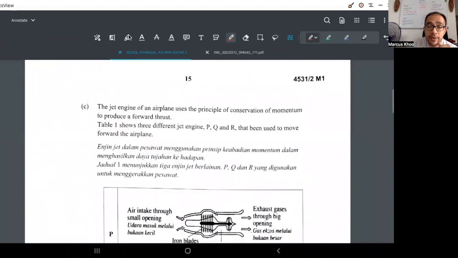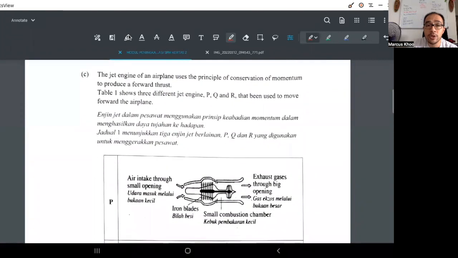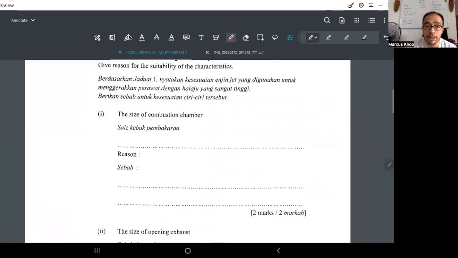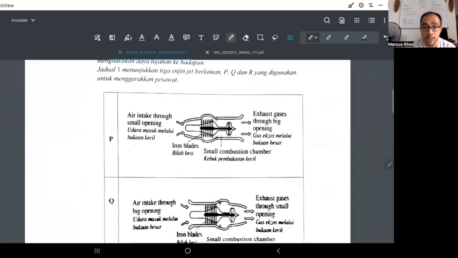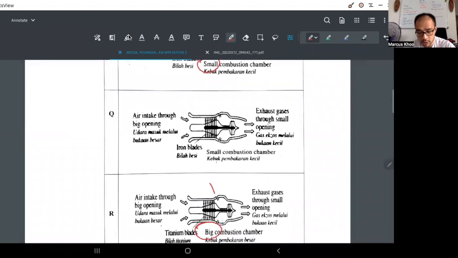Okay, the jet engine of an airplane. So this is question 7. This is mau buat pilihan lah kan. The jet engine of an airplane uses the principle of conservation of momentum to produce a forward thrust. So we have 3 types. We want to talk about the size of the combustion chamber, which is over here, either small or big, which we don't know.